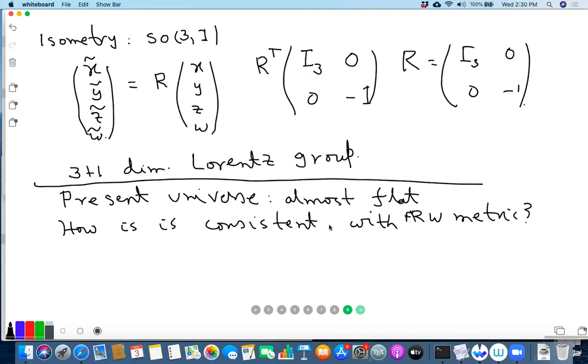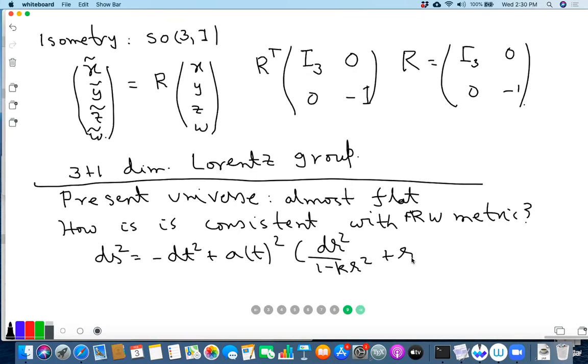So the FRW metric, let me remind you again, is ds squared equals minus dt squared plus a squared times dr squared over 1 minus k r squared plus r squared d omega squared.